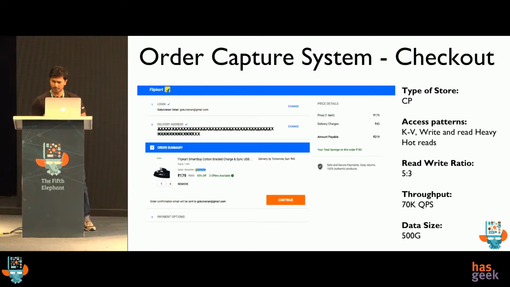It's a write and a read heavy store. No one's just going to read their checkout session. You're going to be working on your checkout. You're going to be filling in your address. You're going to be probably adding something else to your basket. You might get recommended some other item that goes well with this. The read-write ratio is around 5:3. And the cumulative throughput we receive here is around 70K requests per second, and the data footprint is around 500 gigabytes.